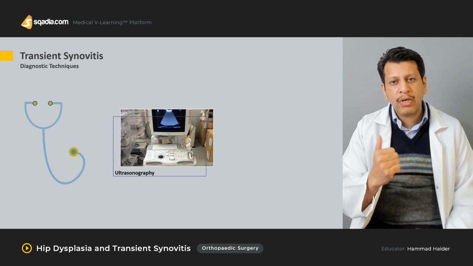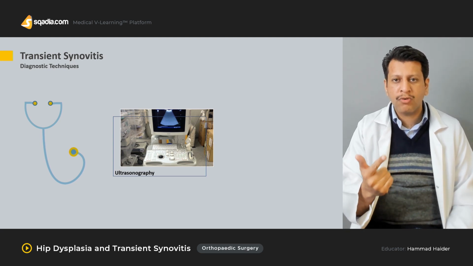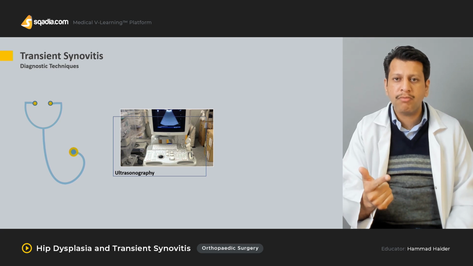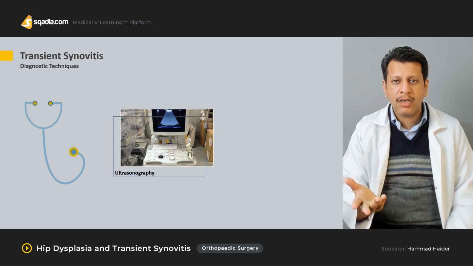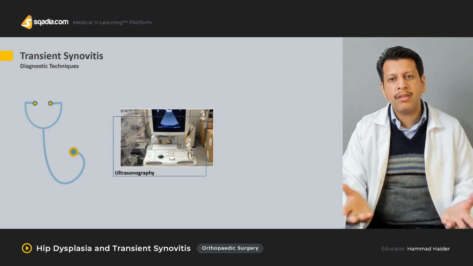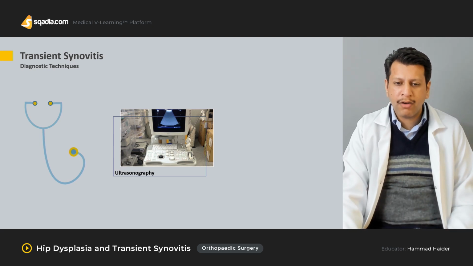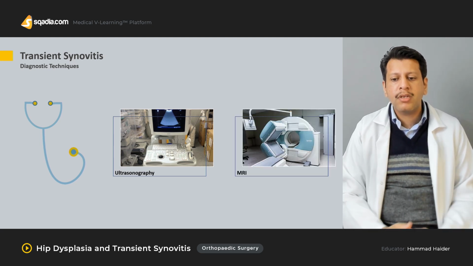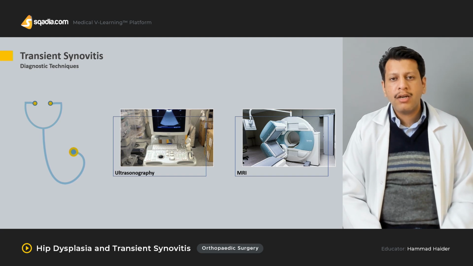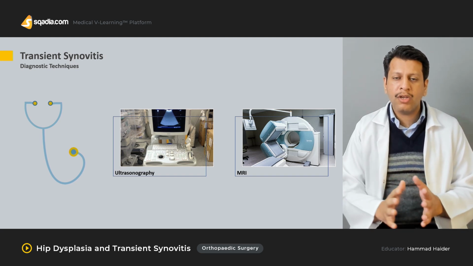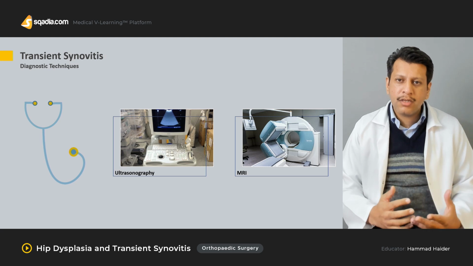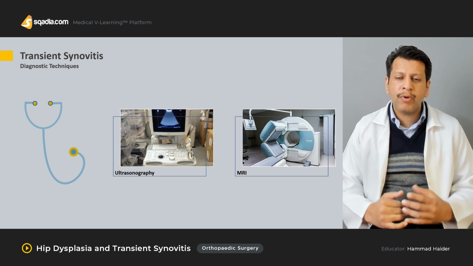If there are no polymorphonuclear cells and no organisms in that synovial fluid, most likely the aspiration is negative, and that means an infection is less likely. Another investigation is MRI.